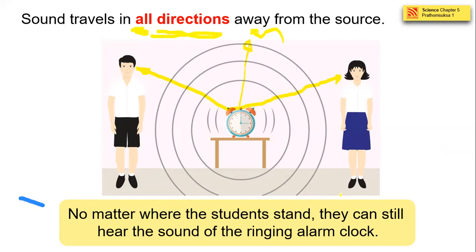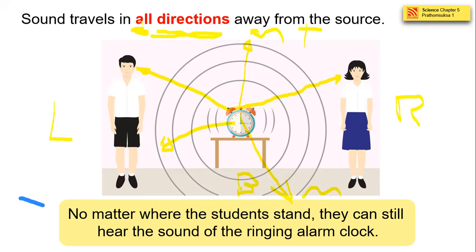Or if there was a little snake on the ground, he can hear it as well because the sound goes in all directions. Wherever we are, if it's loud enough, we can hear it, whether we're on the right or on the left or on the top or on the bottom of the sound.